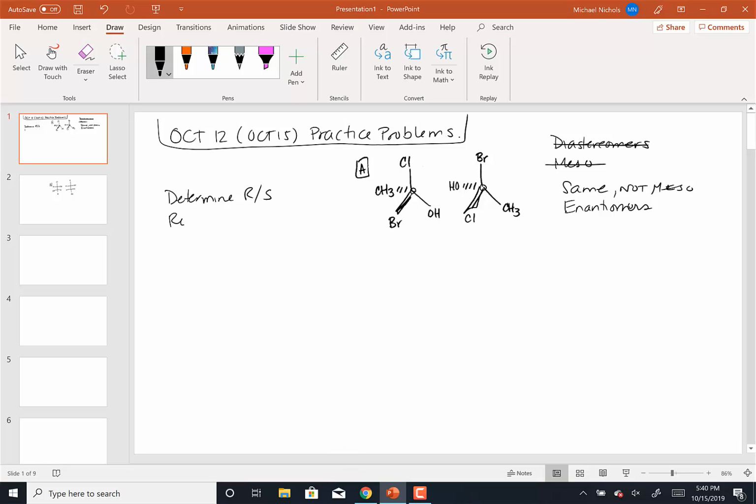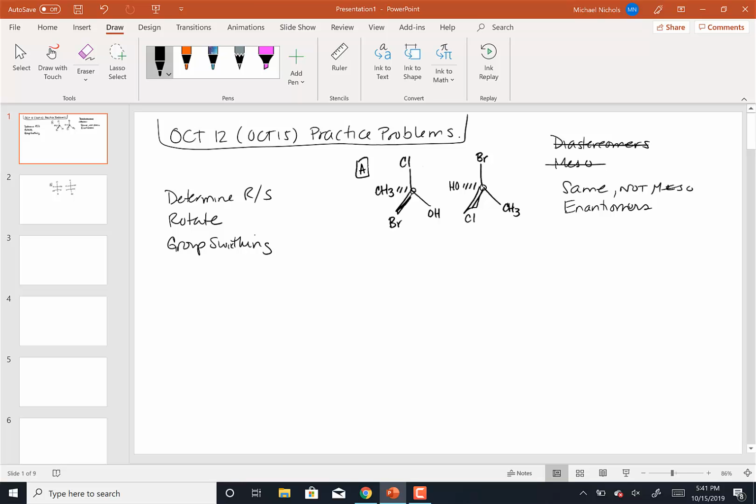We can also do this a third way by using group switching and seeing how many switches it takes to get from the left to the right. I'm going to show you all three of these because all three can be useful depending on the particular problem. So let's deal with R and S first.